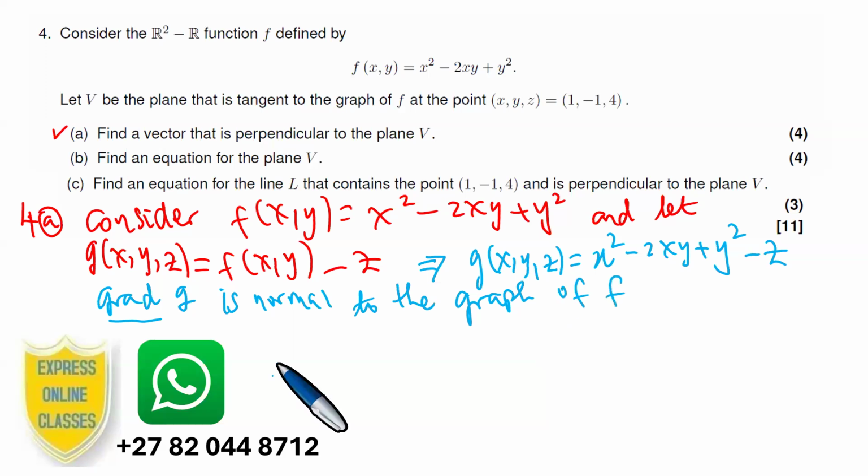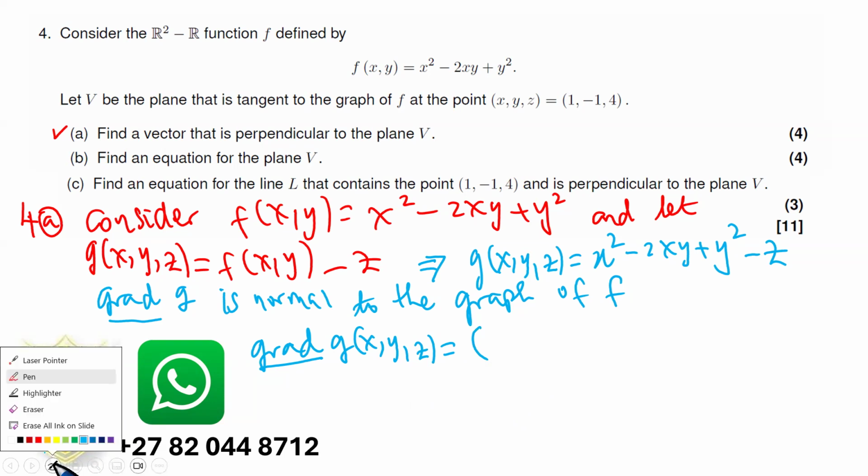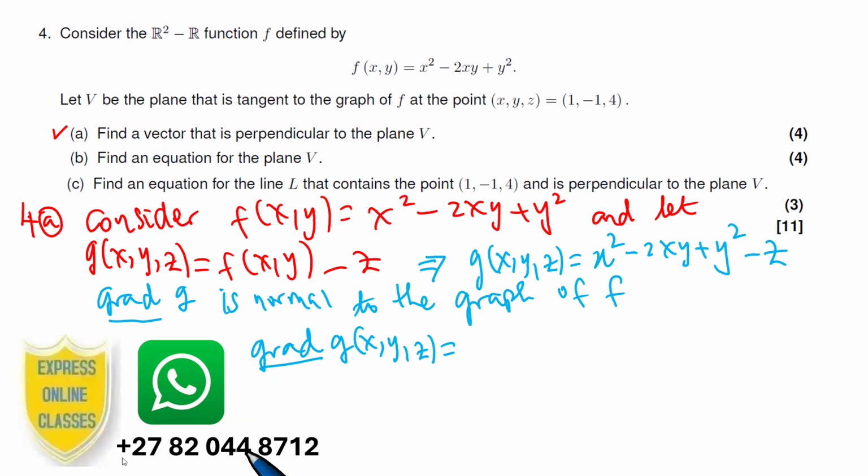At this point, we can find the gradient of the function g, and g is a function of 3 variables, x, y, and z. The gradient of g can be written as the gradient of the function g.